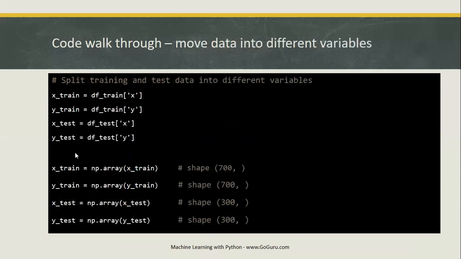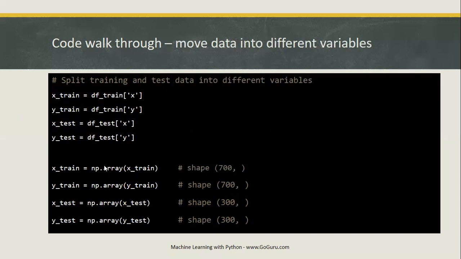Okay, so now in this place, what we are doing is we take all the training values and test values and move them to the required variables. That's all. So we have 4 variables. X train has the training values of X, Y train has the training values of Y, X test has the test X values, and Y test has the Y test values.